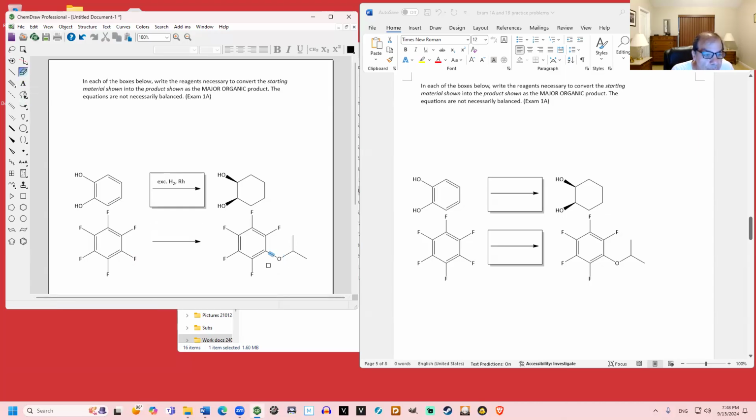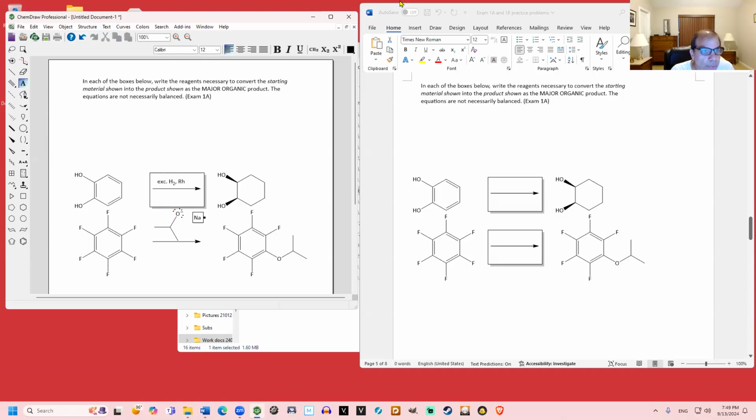So we need a nucleophile made of an isopropyl group with an O on it. So you need O minus over here. And this is probably going to be sold as an alkali metal salt.